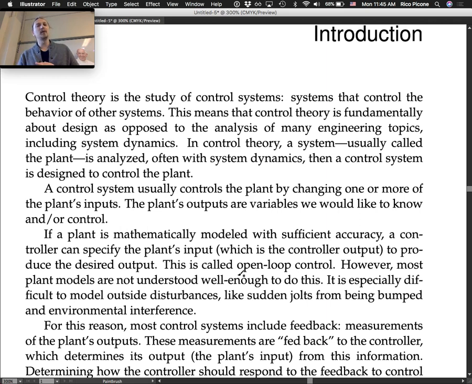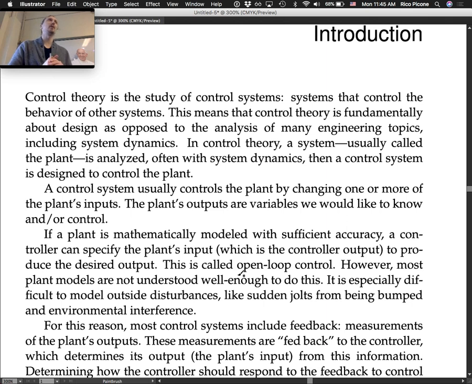The plant's outputs are variables we would like to know and/or control. Some of the outputs might be measurements that help us understand the system better, and oftentimes we're going to use those to feed back and affect what inputs we give to the plant to make the outputs behave the way we want.